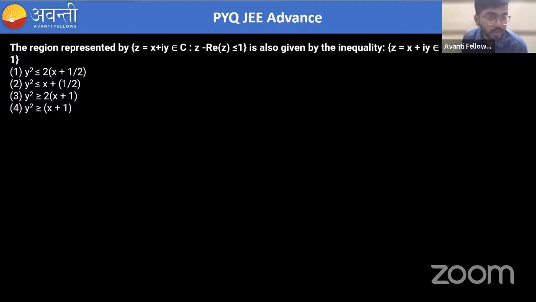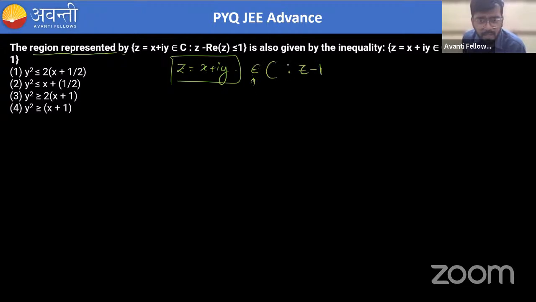In this question, the question is asking us the region represented by z equals to x plus iy, an element of complex numbers, such that mod z minus real part of z is less than equals to 1.